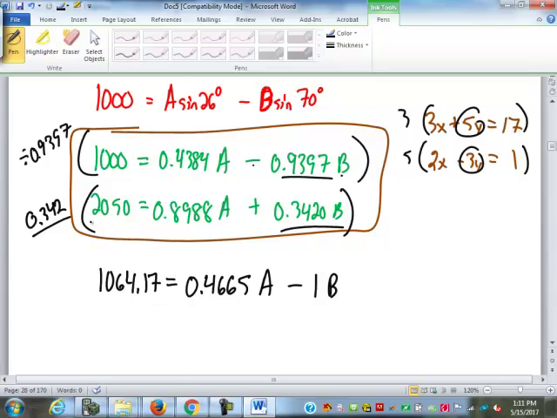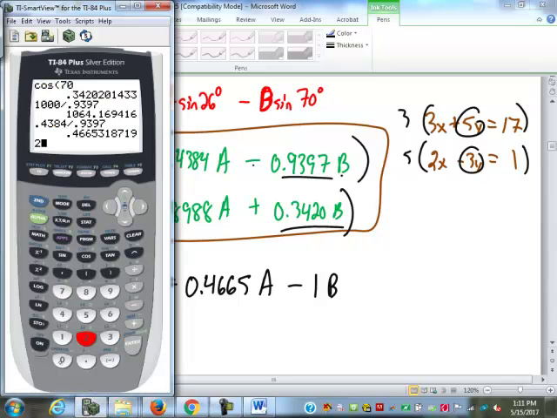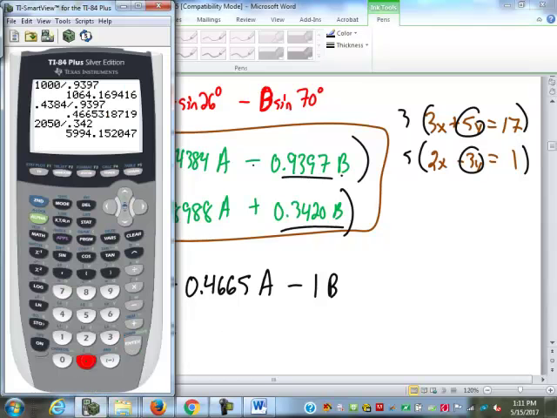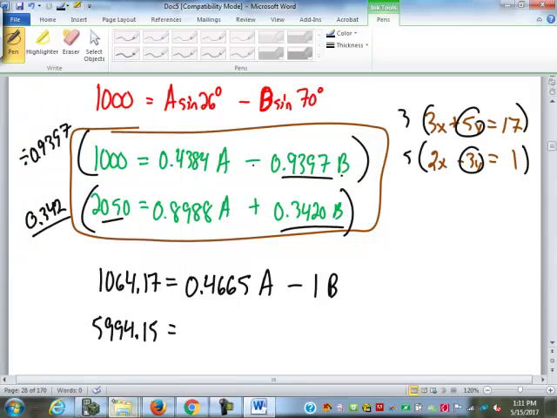So I got 2,050 divided by 0.342, 5,994.15, equals 0.8988 divided by 0.342, 2.6280 or 2.6281A, and this is just plus 1B.